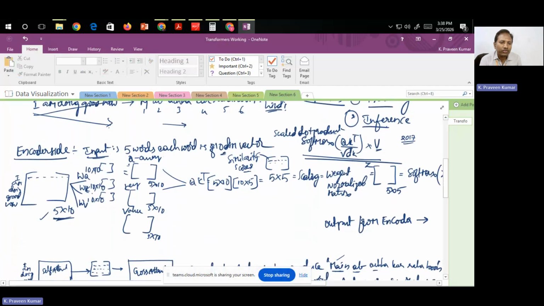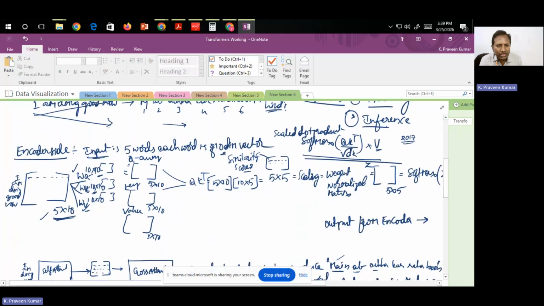For that, he first took a query vector, a key vector, and a value vector. Query means the word for which you want to find the relation, key is the word with which you want to find the relation, and V is the value matrix, the original vector. Here we have the weight matrices Q, K, and V. The dimensions are important.